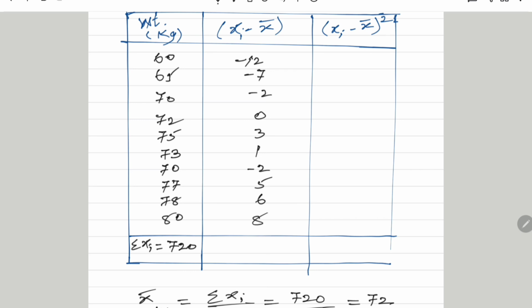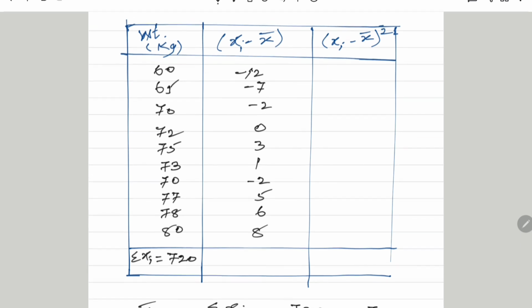Then squaring all these quantities to get the value of xi minus x bar whole square: square of minus 12 is 144. Square of minus 7 is 49. Square of minus 2 is 4. Square of 0 is 0. Square of 3 is 9. Square of 1 is 1. Square of minus 2 is 4. Square of 5 is 25. Square of 6, 36.